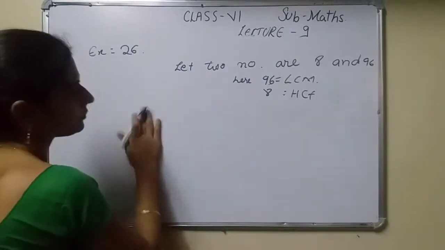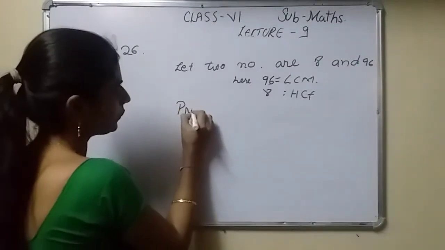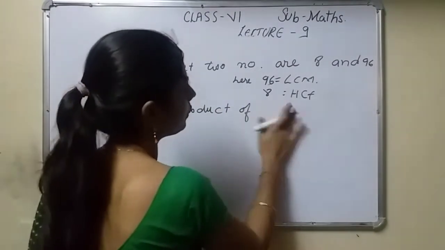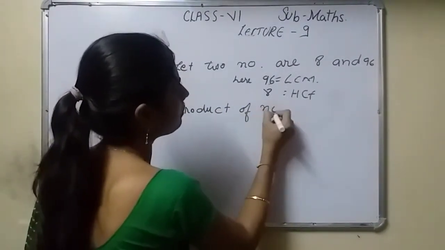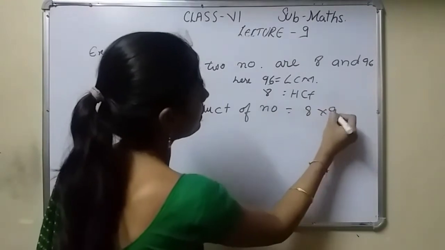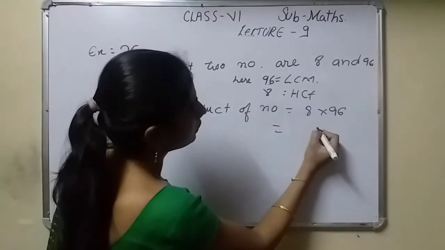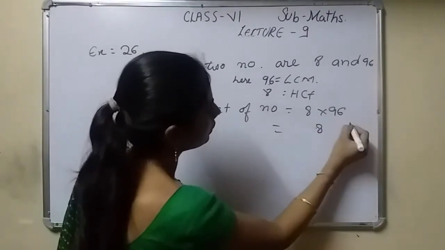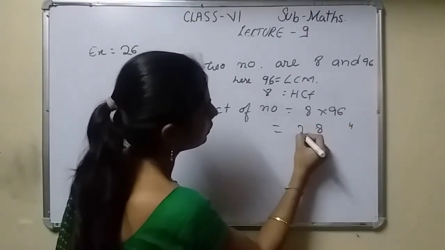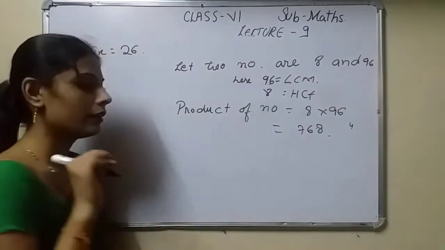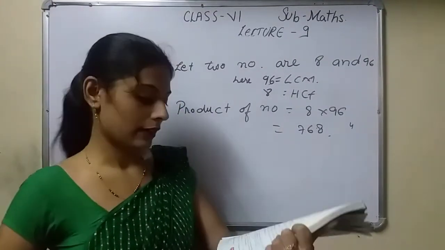For this, the product of two numbers is equal to 8 into 96, which is 768. Now find the other number.